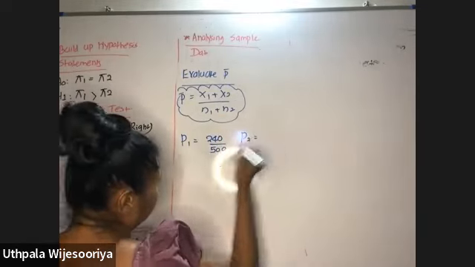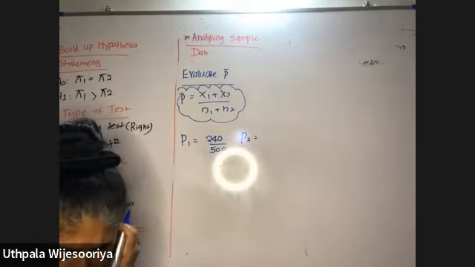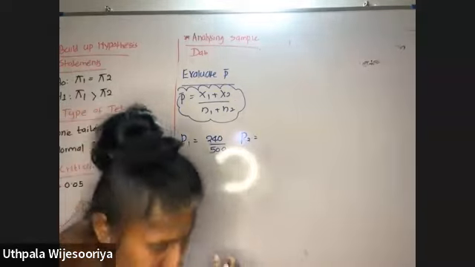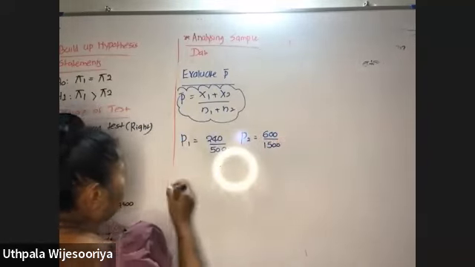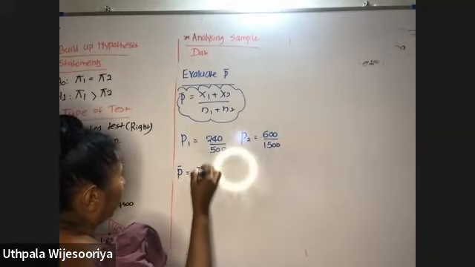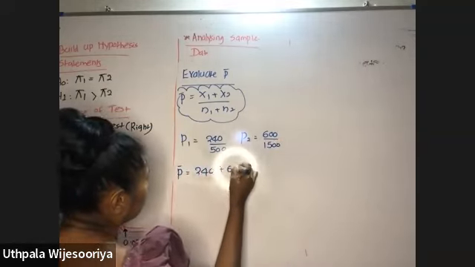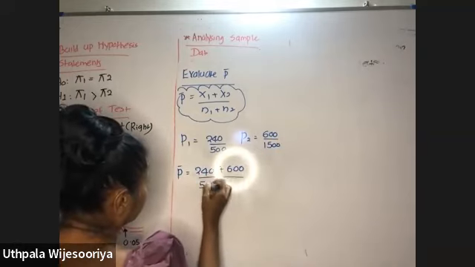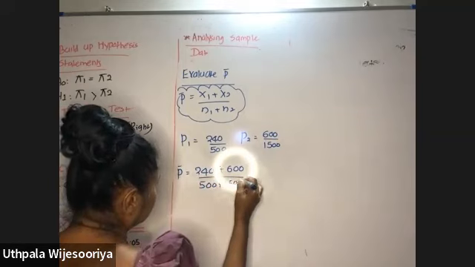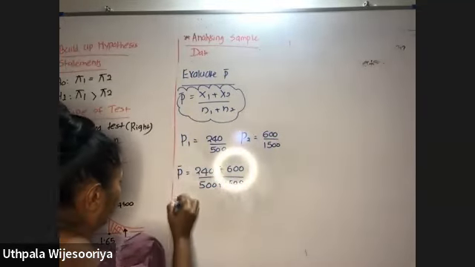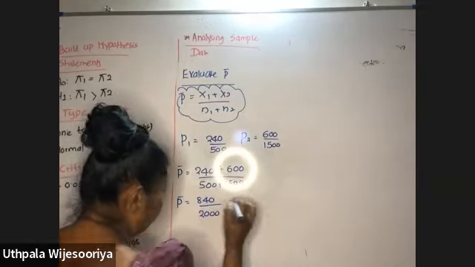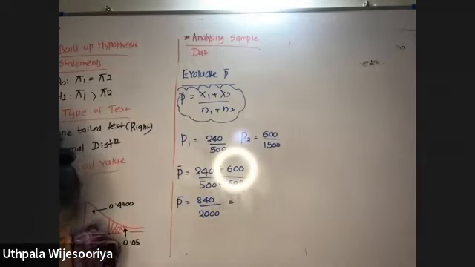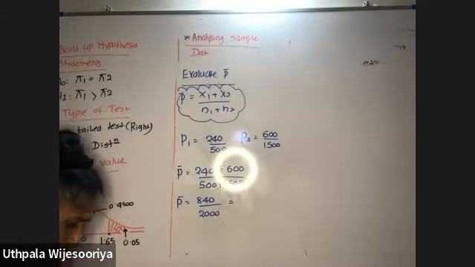P2, Matale, is 600 out of 1500. P bar is equal to 840 over 2000, which is 0.42.